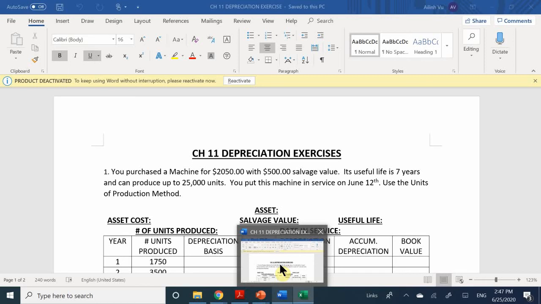So here, we bought a machine for $2,050 with a $500 salvage value. We've got 7 years of estimated useful life, and it can produce up to 25,000 units. And you put this machine into service on June 12th.